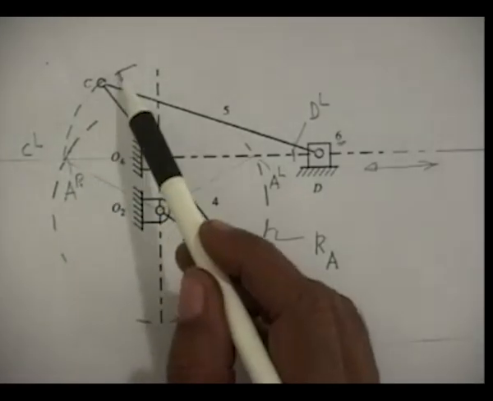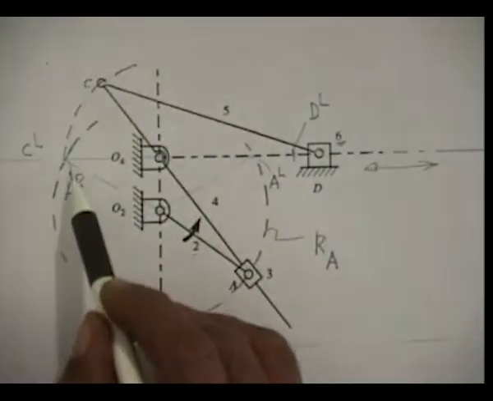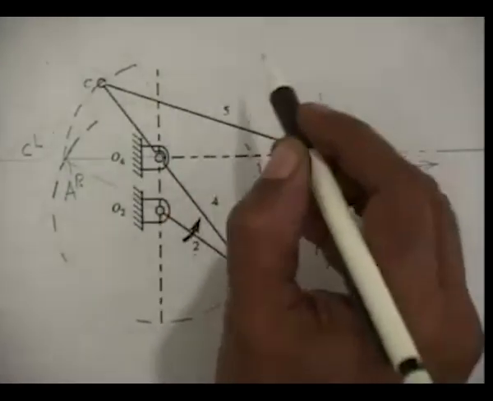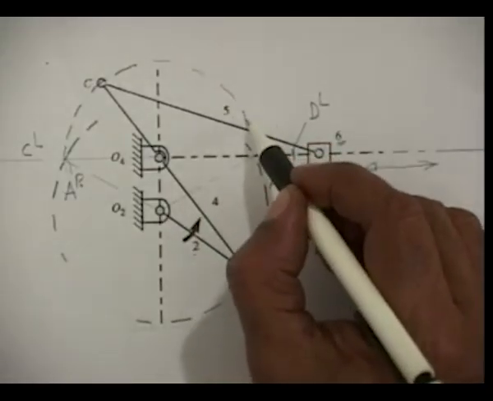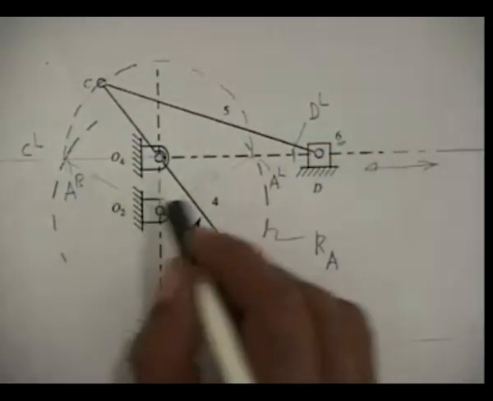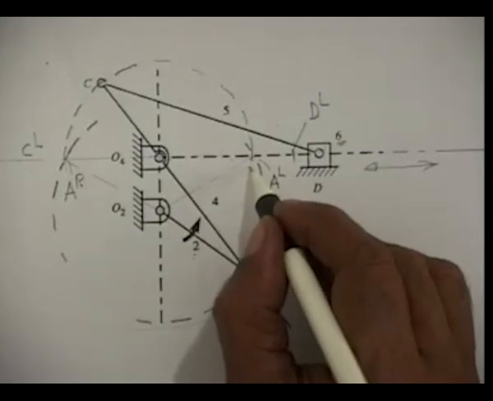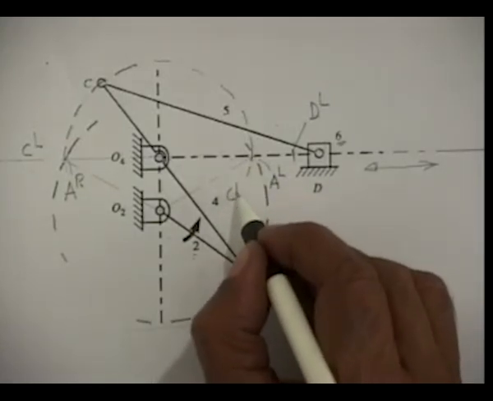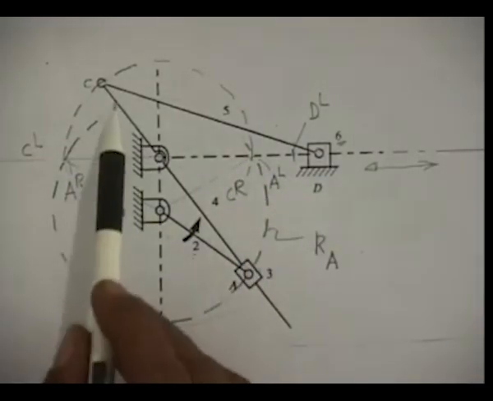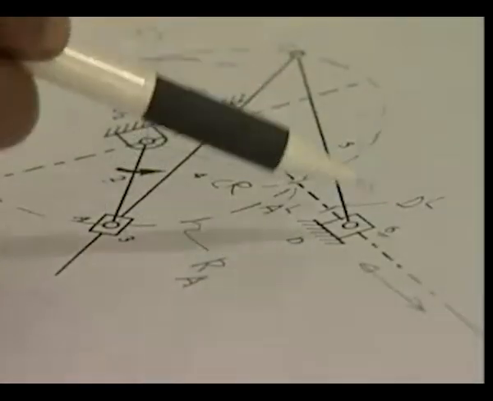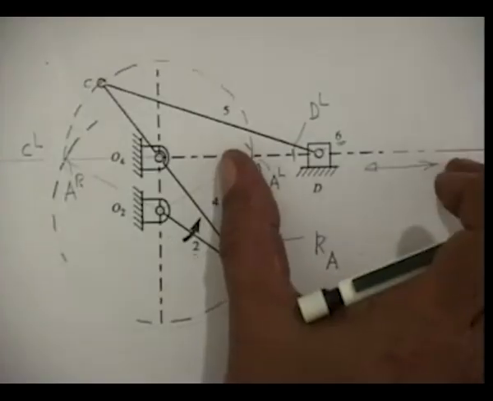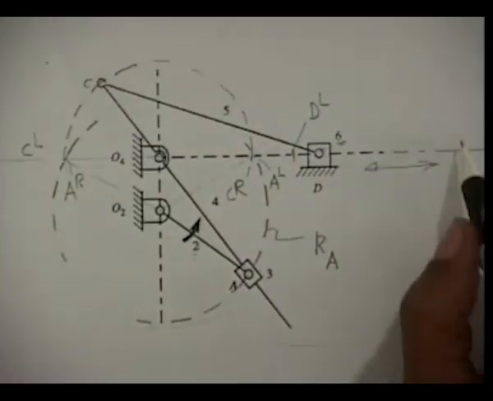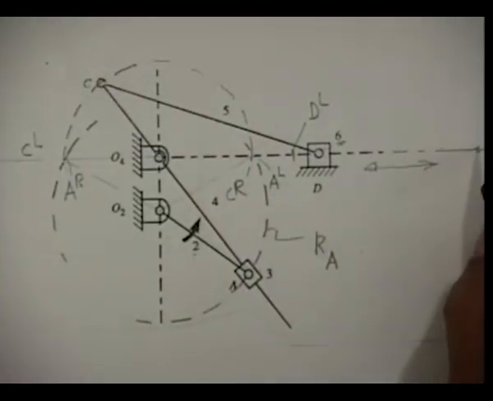Since C is moving on this circle and A, O4 and C must be on one line, if I draw this circle, that is the path of C, when it intersects this line of reciprocation, I will call that intersection CR. Again, the distance CD is unique. So, from CR, if I draw an arc with CD as the radius, I get the rightmost position of D, which I call DR.